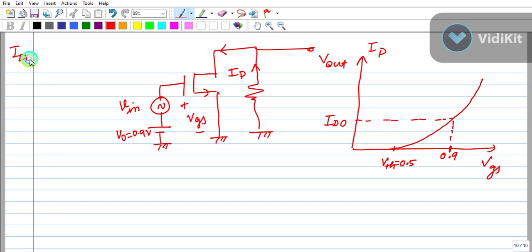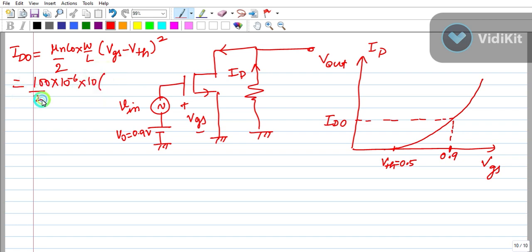Calculating ID0. It is in saturation, so it will become mu n COX W by L divided by 2, then VGS minus VTH squared. The mu n COX was 100 micro, so 100 into 10 to the power minus 6. W by L is 10. There is 2, and this is 0.9 minus 0.5 squared.